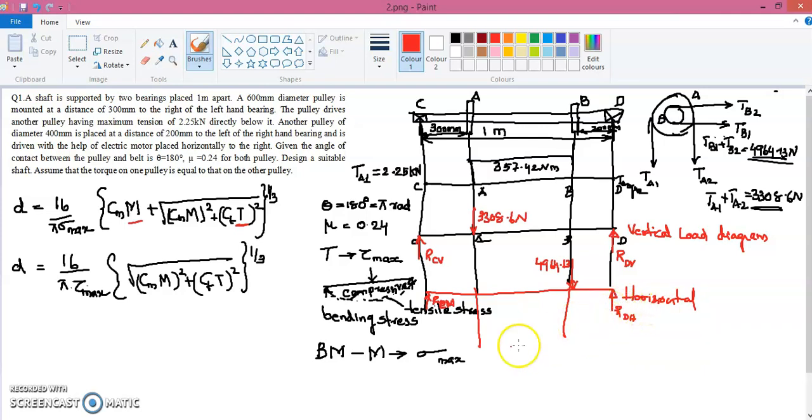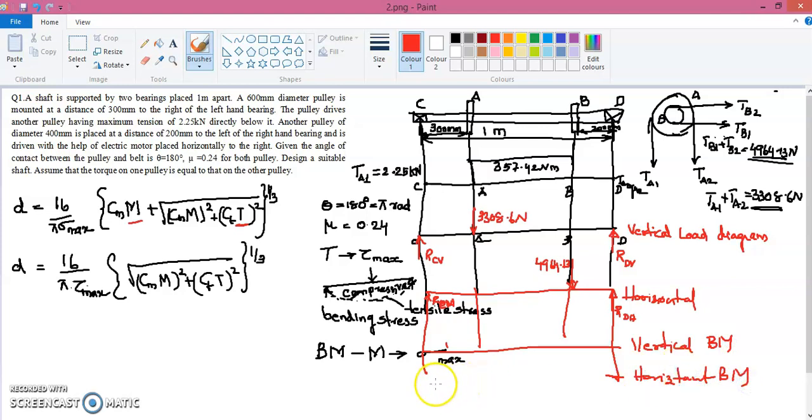That means we have to again construct two more graphs. That is, we can draw the vertical BM diagram, that is a bending moment diagram, and we can have a horizontal bending moment diagram, and finally we can have a resultant bending moment diagram.